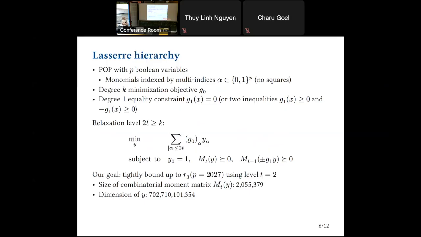We have a degree k minimization objective, this AP of x function that I defined earlier, and we have a single degree 1 equality constraint, or 2 inequality constraints if you want to put it nicely in the framework, which I will do here. So it looks kind of easy.